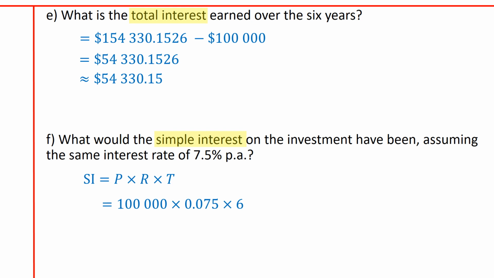I'm substituting in those values, so I've got a principal of 100,000 times 0.075 times 6 years gives us an interest of 45,000. So looking at part E and F, which is the better interest? Obviously, compound interest there. It's 9,000 more.